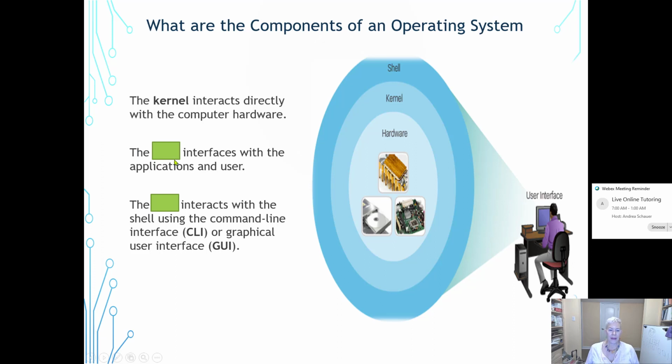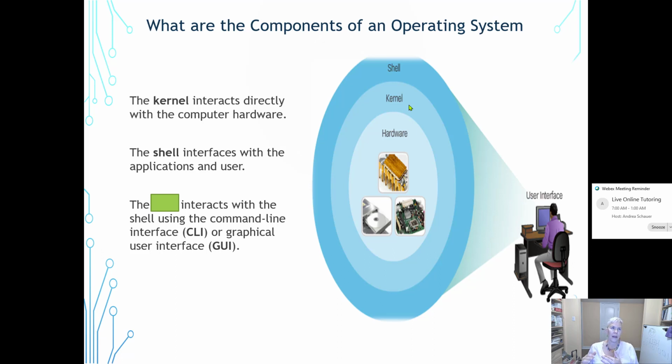The blank interfaces with the application user. So this is what I'm interacting with as a user, or what you are interacting with as a user. Now that's called the shell. So as the user, we're interacting with the shell. Okay, the kernel's interacting with the hardware.